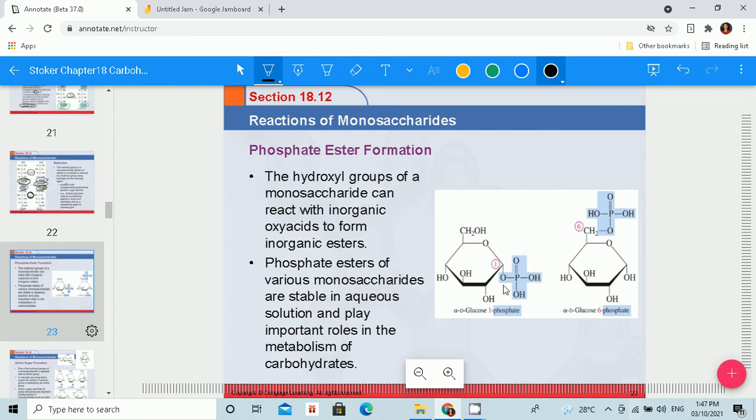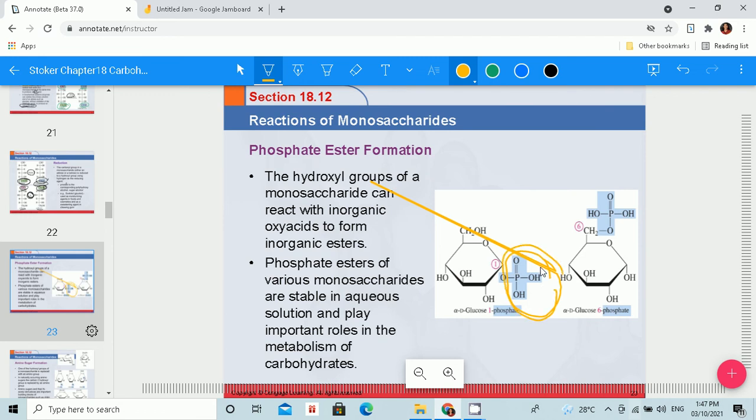So the OH of a monosaccharide can react with inorganic oxyacids.